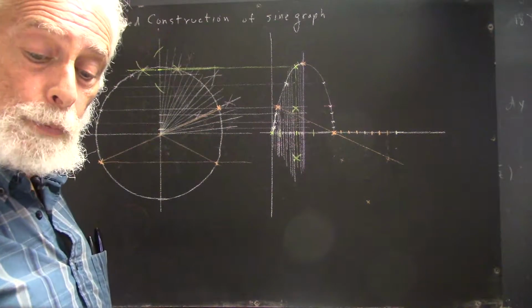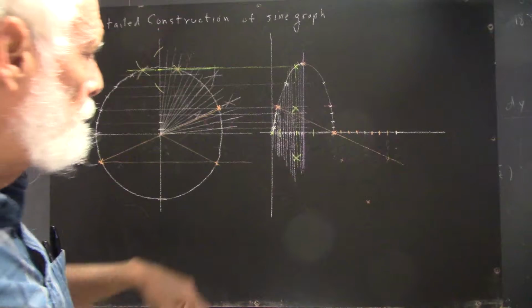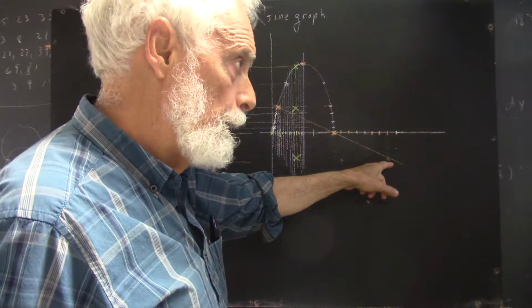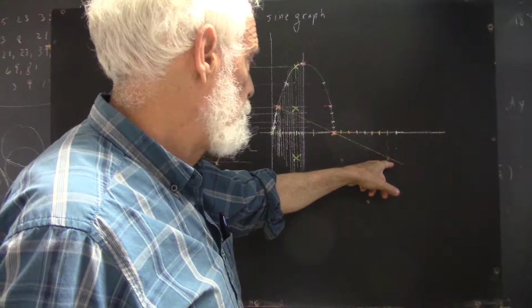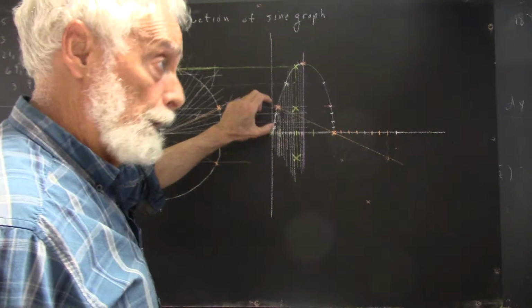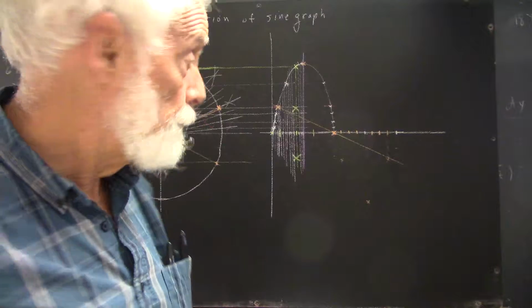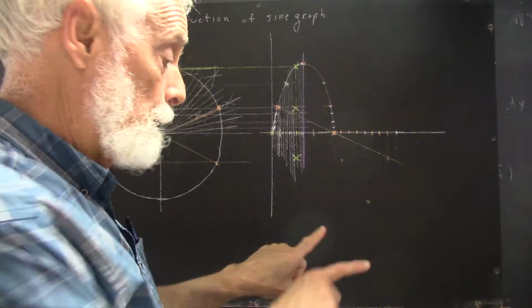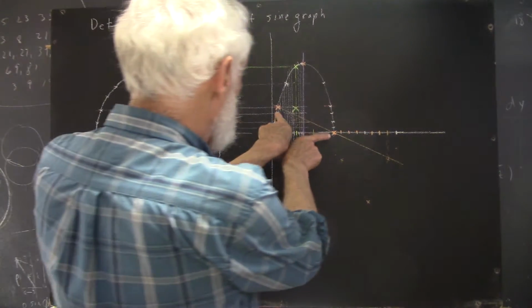I could construct one, but it would be difficult to locate the point here that's an equal distance below the y-axis along a perpendicular to this. So I'm not going to do that. And of course I don't have a compass big enough to do what I'm going to do. I'm going to use my fingers to indicate a compass.